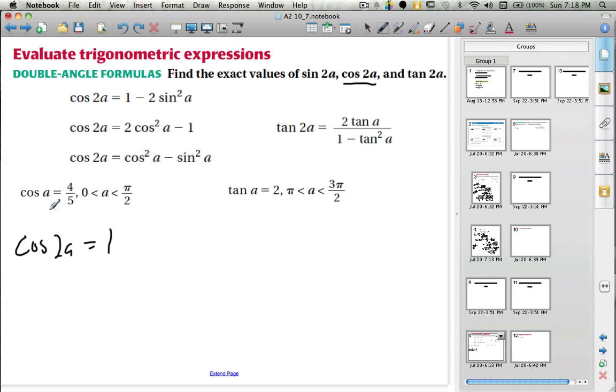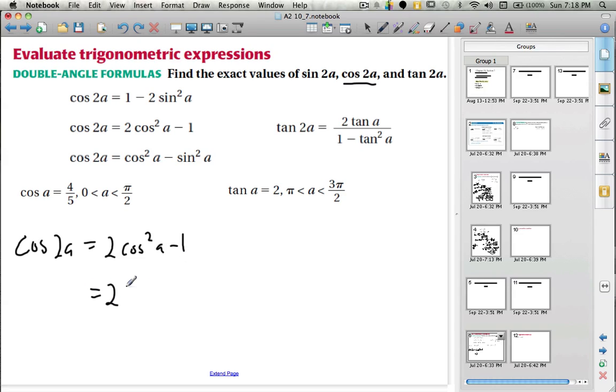I was given cosine, right? So it's going to be 2 times cosine squared a minus 1.